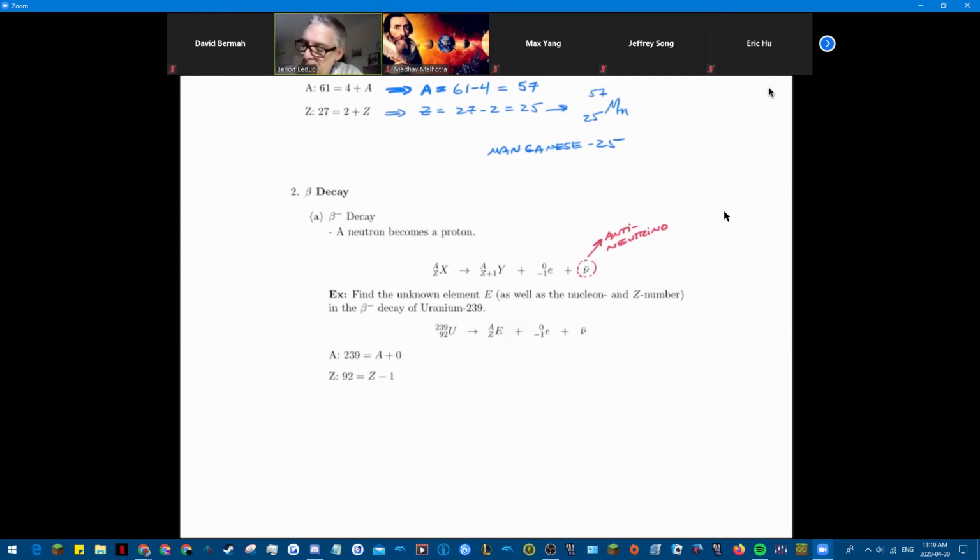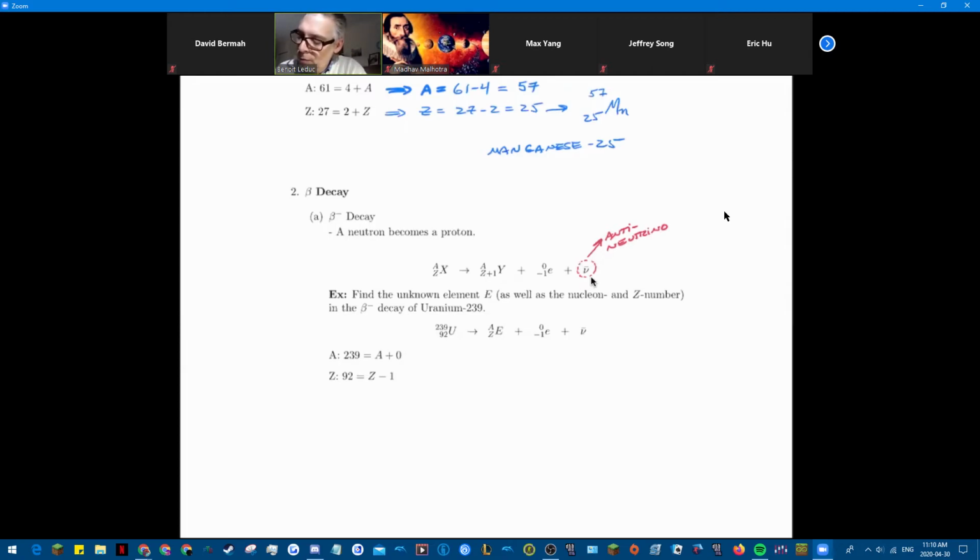So it's going to decay by beta minus. This is the reaction here. You have the electron, and you have the antineutrino. The antineutrino has no charge, and it's not a nucleon, so it'll be 0, 0, if you like. It's not in the picture here.